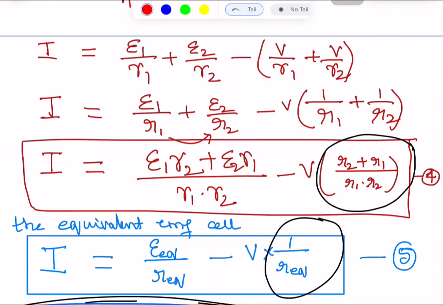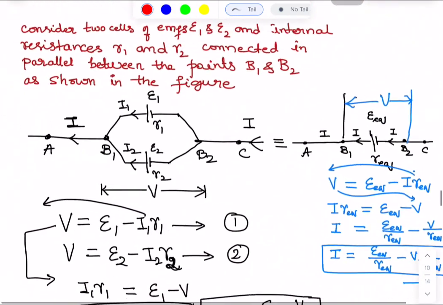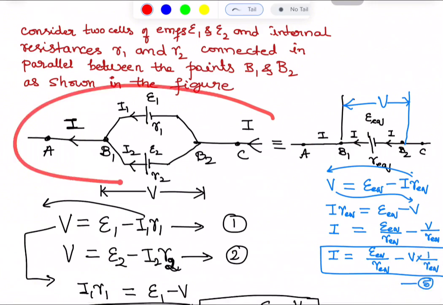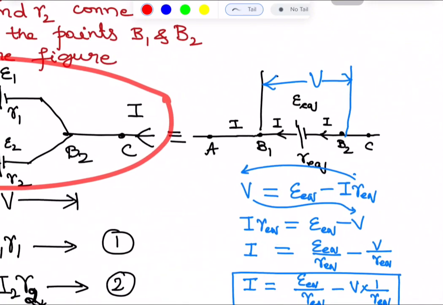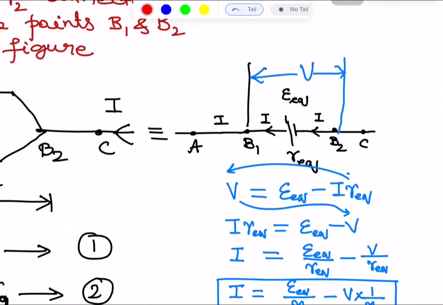Now stop here and go back to the equivalent circuit. What is the equivalent circuit? Instead of this arrangement, you can write an equivalent circuit.